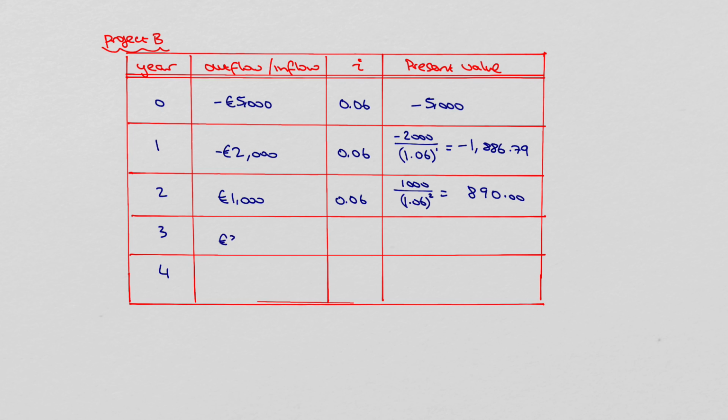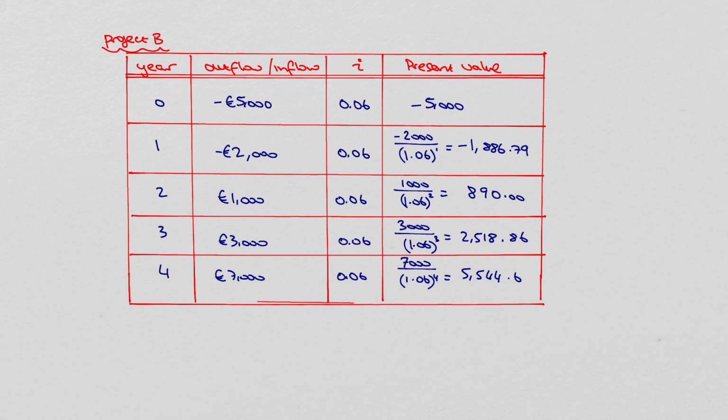And then we have 3,000, which again needs to be discounted back 3 years. And that gives me 2,518 and 86 cent. And then the last one is 7,000, and this has to be discounted back 4 years. And that gives me 5,544 euro and 66 cents.